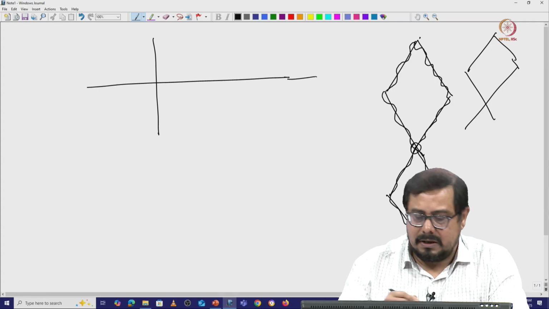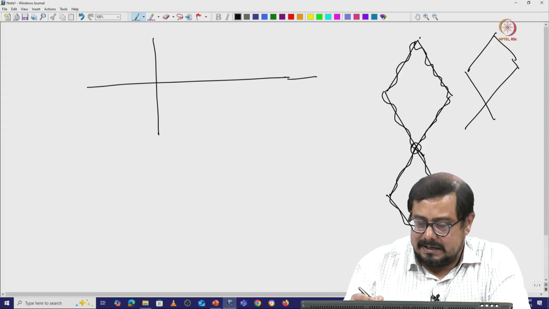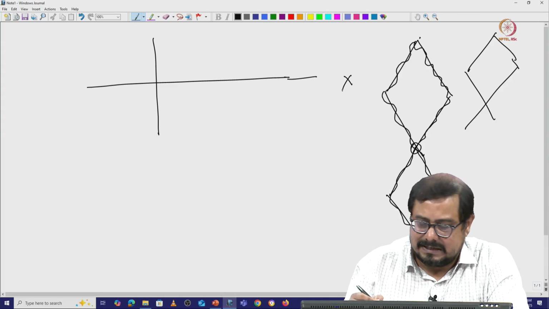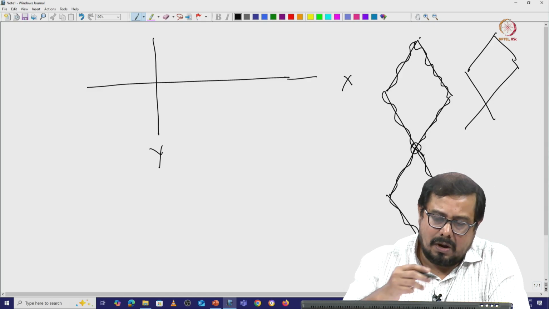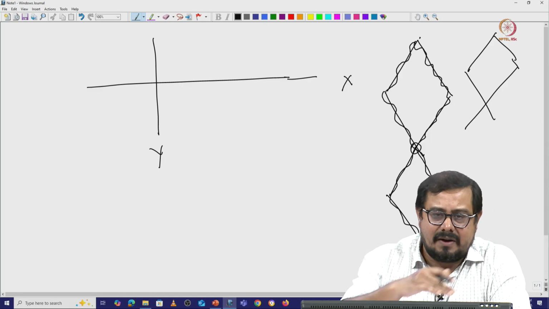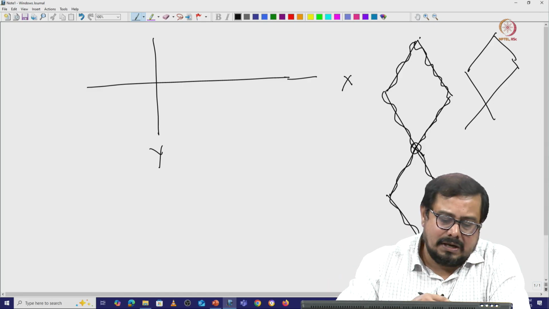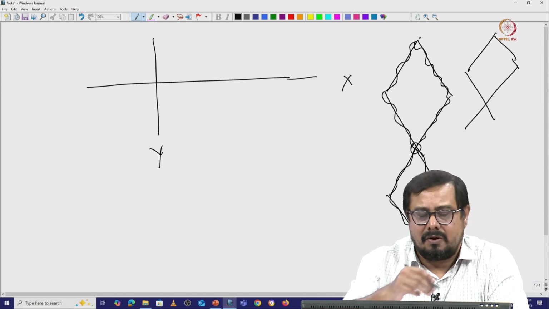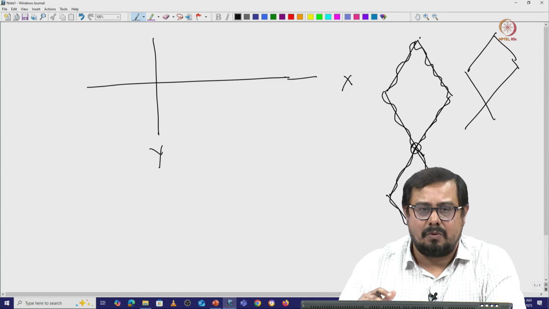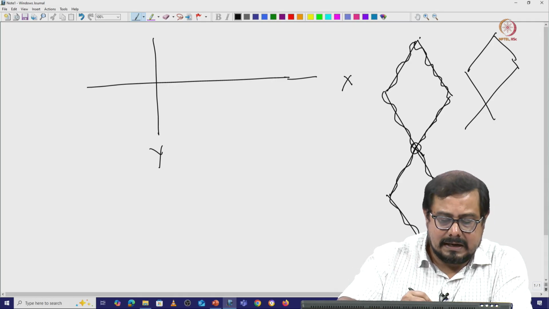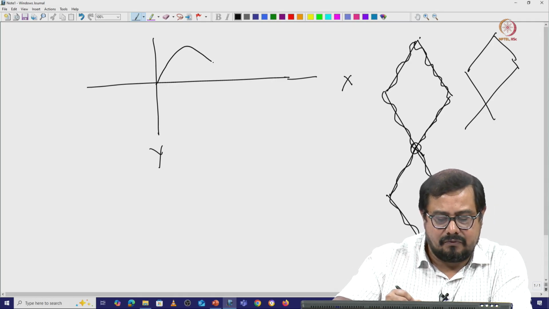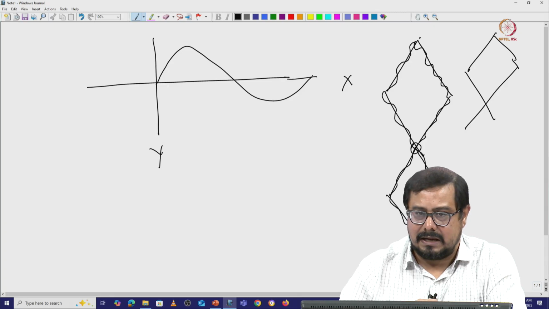So if we have this, you can see this is the x axis and this is the y axis. And when we are talking about a wave traveling, a wave can travel in any direction. So it can go through the y or x or in between x and y. So any wave, if we are considering that we are starting a wave like this, it is going like that.